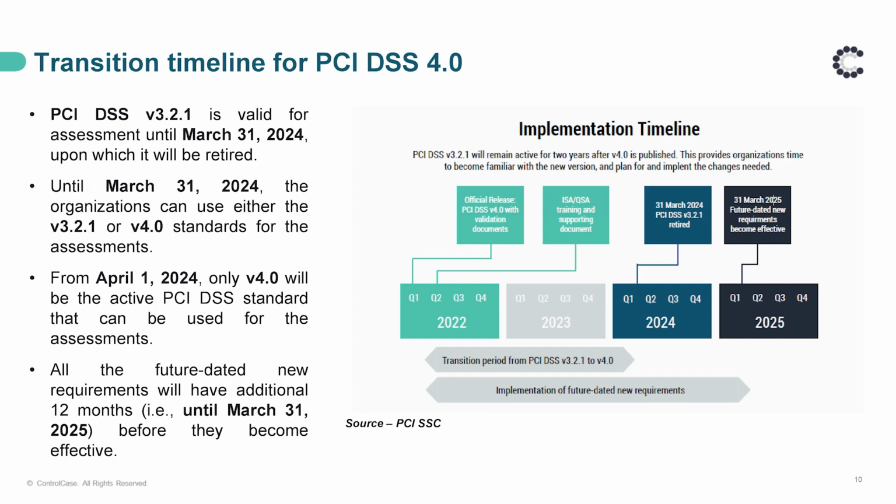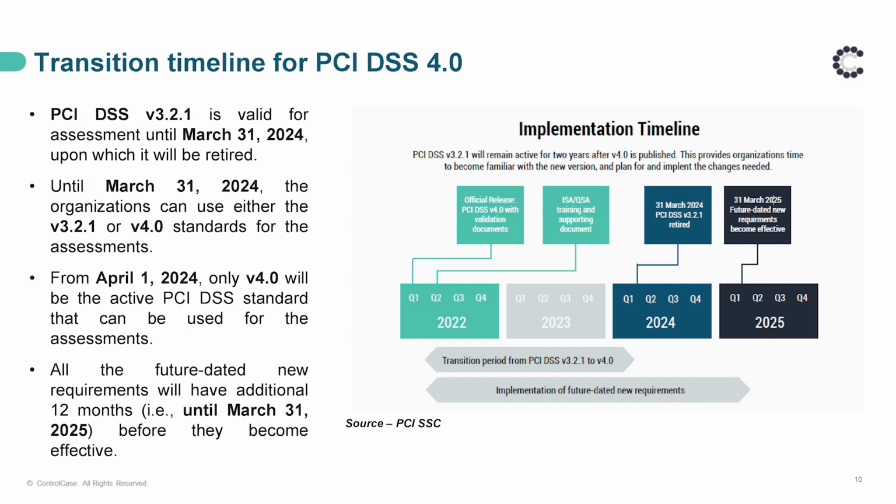So we have understood that from April 1st, 2024, all the assessments should be completed with version 4, but in addition, you get an additional year, which is until March 31st, 2025, to comply with most of these new requirements. I'm saying most of these. We have one slide where we'll talk about it. Most of the new requirements are best practice. There are a few which are to be met immediately.